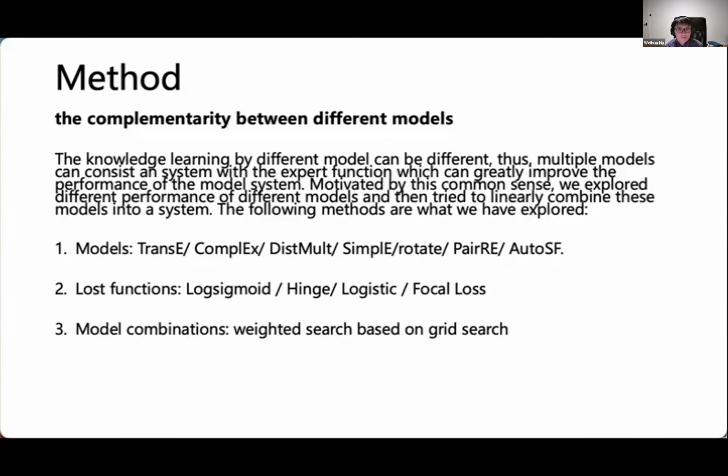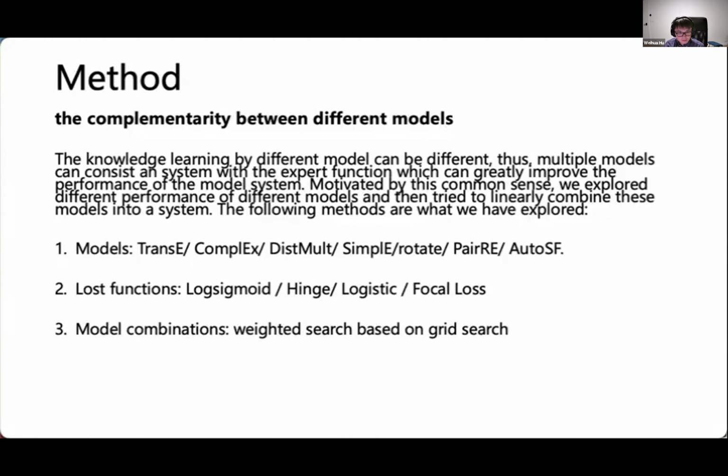Motivated by this common sense, we explored different models on the dataset and then tried to linearly combine these models into a system. The following methods are what we have explored. Models consist of TransE, ComplEx, DistMult, SimplE, RotatE, and AutoSF.